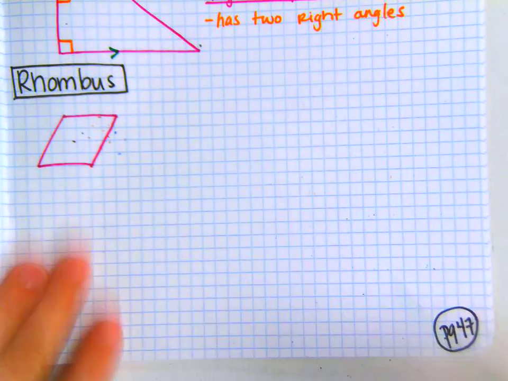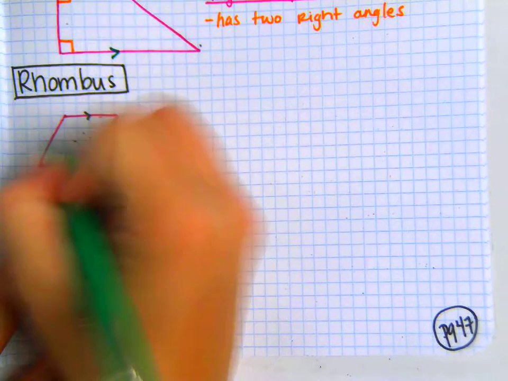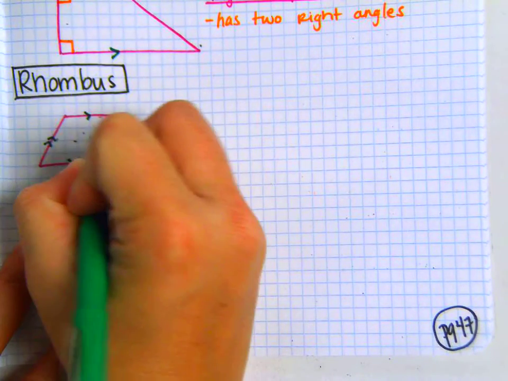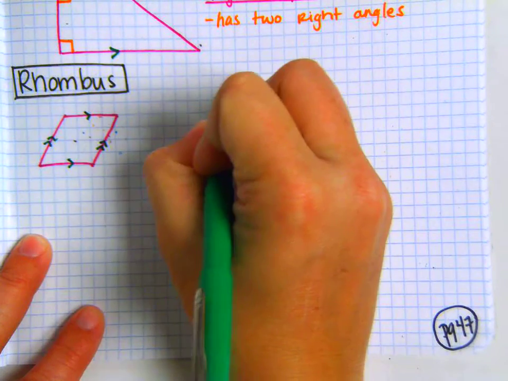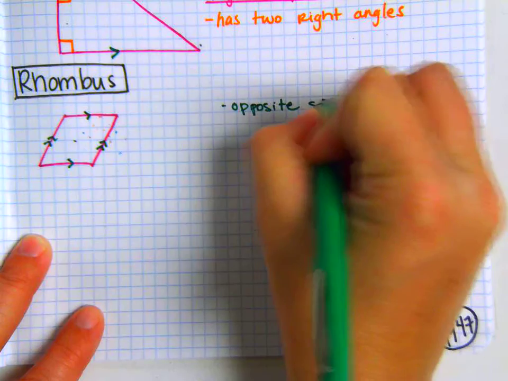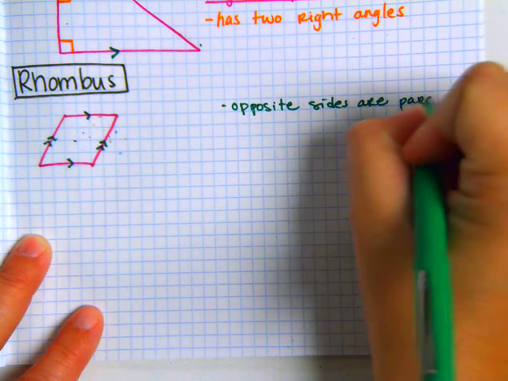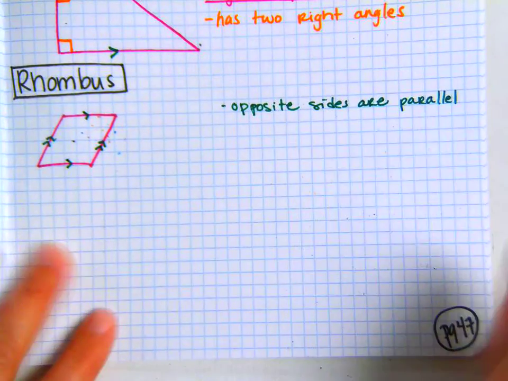The first property is that opposite sides are parallel. So we have opposite sides parallel. Just like a parallelogram. Opposite sides are parallel.